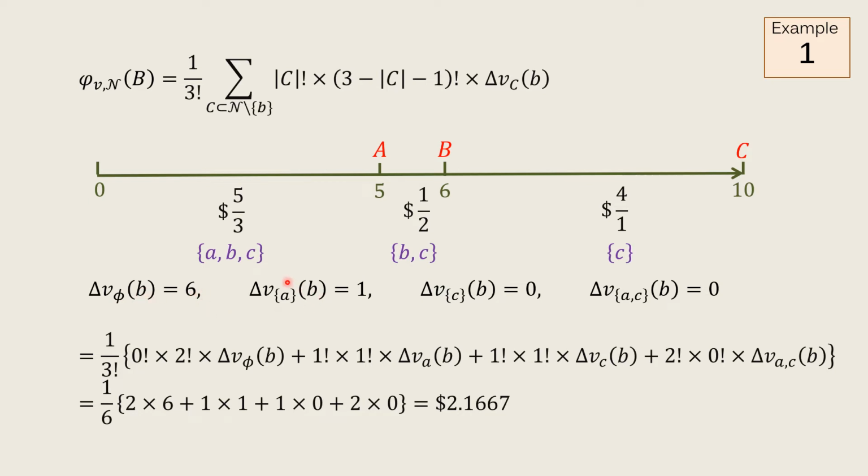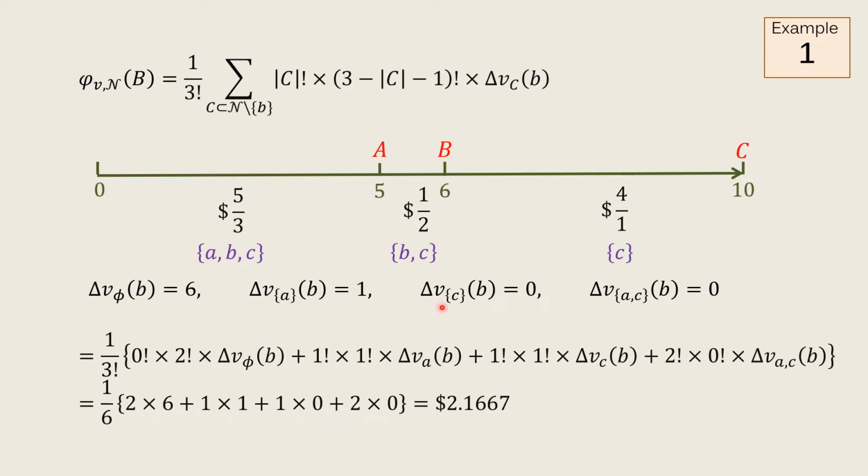Now suppose we start with the coalition containing a only, and b joins the coalition. When a alone is in the coalition, the total taxicab fare is $5. When b joins, it becomes $6 because b has to go further away, and so the difference, 6 minus 5, is the marginal contribution of agent b to the fare, and that's equal to 1.